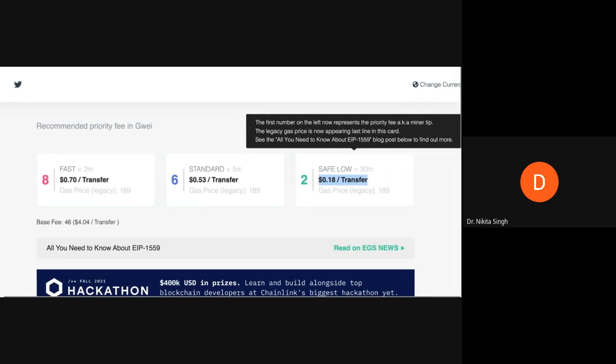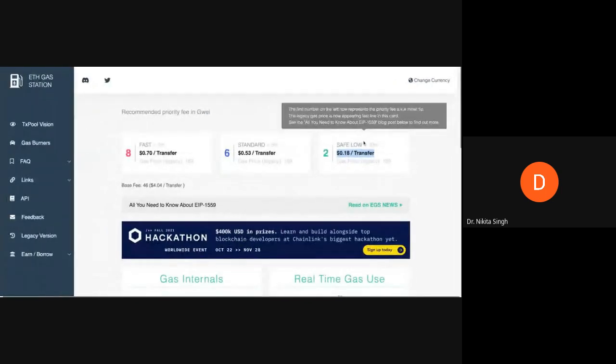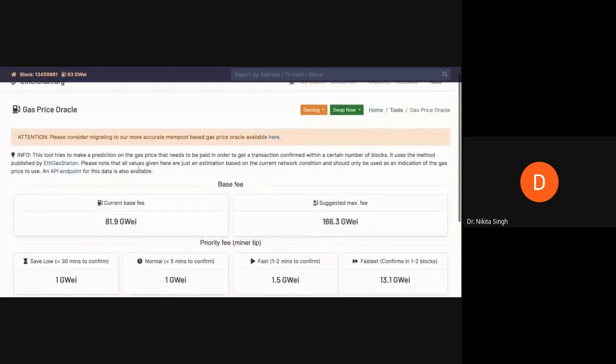Now here it shows in the form of say dollar value, but there are certain other websites that will tell you the fee that you have to pay in terms of GY. So let me open that up for you. Yes, here.